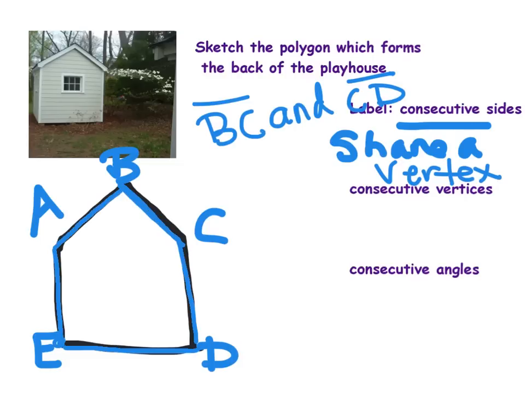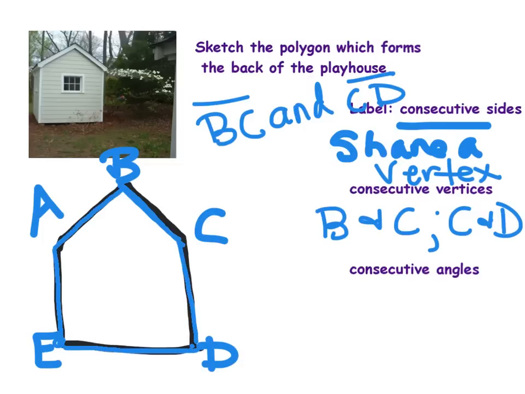They're all consecutive sides. Consecutive vertices are vertices that are side by side. So for example, B and C, they're side by side. You could also have C and D. Those would be consecutive. They're in order. They are side by side.